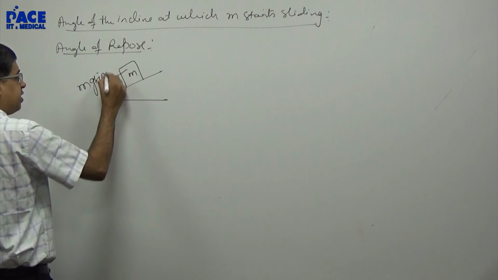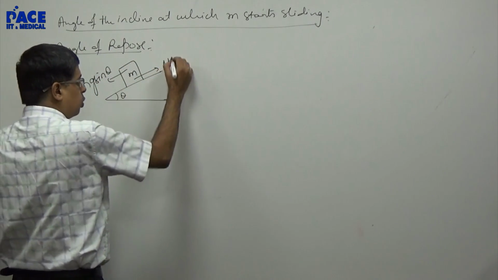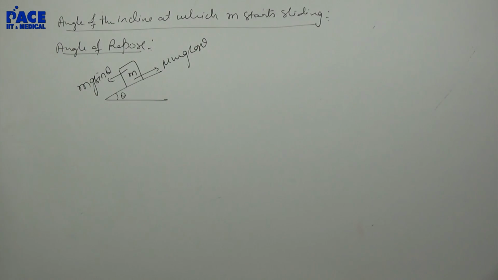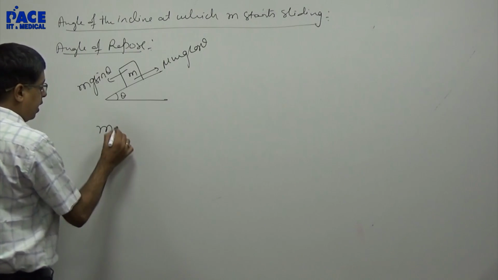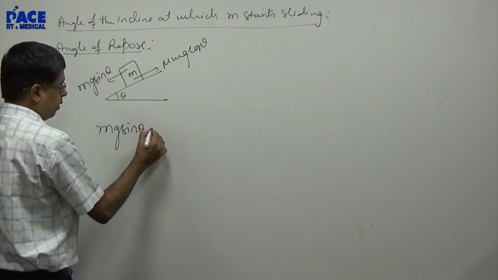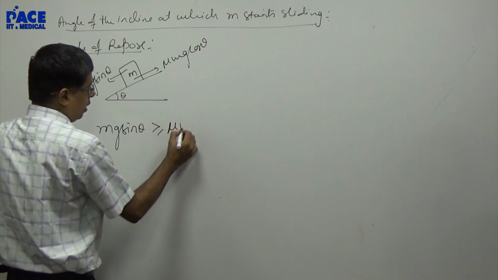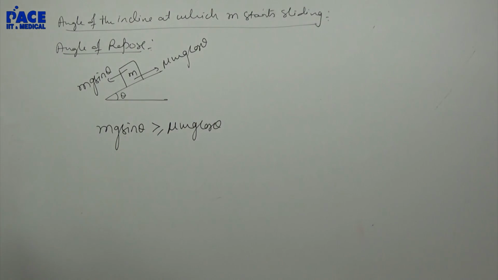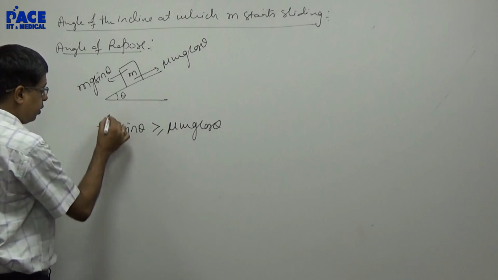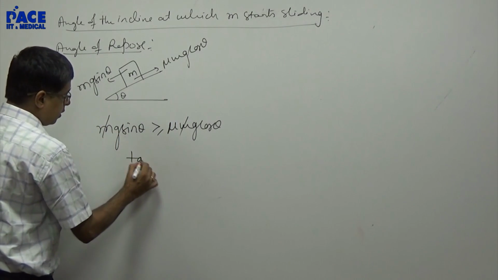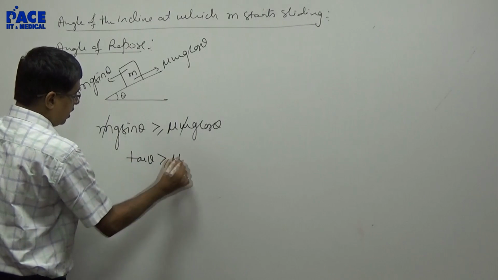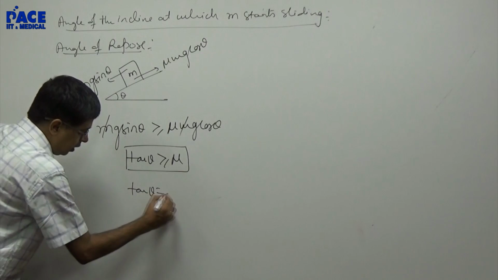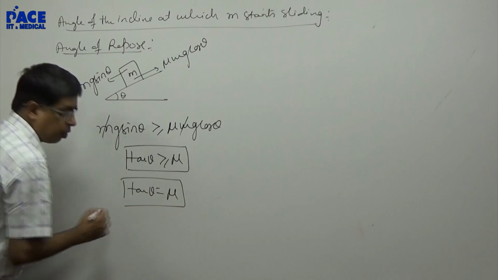mg sin theta should be equal to mu mg cos theta. That means mg sin theta should be greater than or equal to mu mg cos theta. Now when you cancel out m, tan theta will be greater than or equal to mu. When tan theta is equal to mu, that is called the angle of repose.